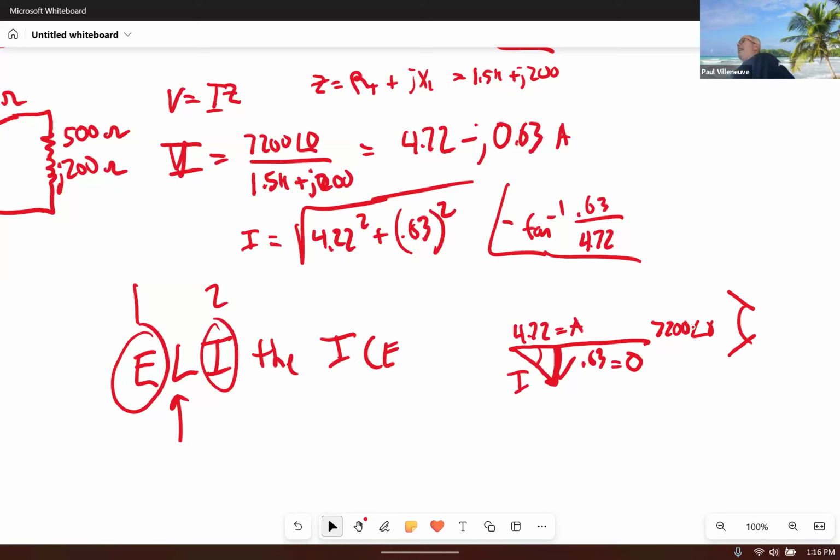It's never going to be the current first and then the voltage. Because they're always going to be leading or lagging each other by 90 degrees or less. You can never have a voltage or current that's leading or lagging by, let's say, 190 degrees. You can't get a real world circuit to do that. So it's always going to be in quadrant 1 or quadrant 4.